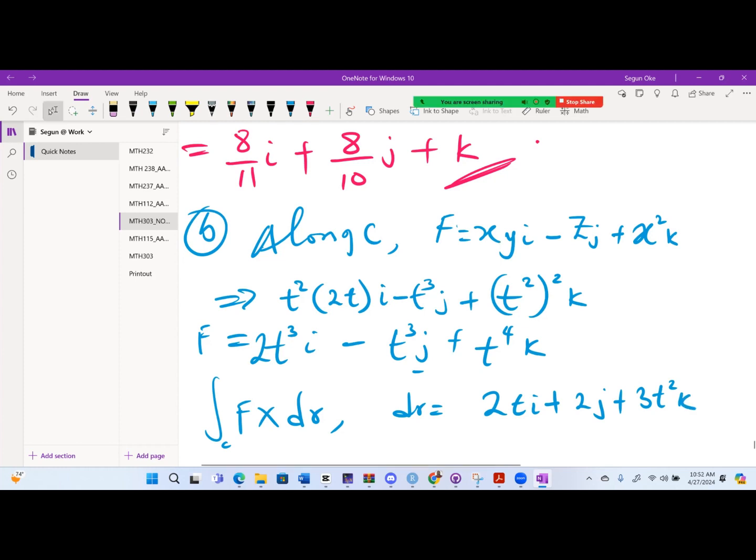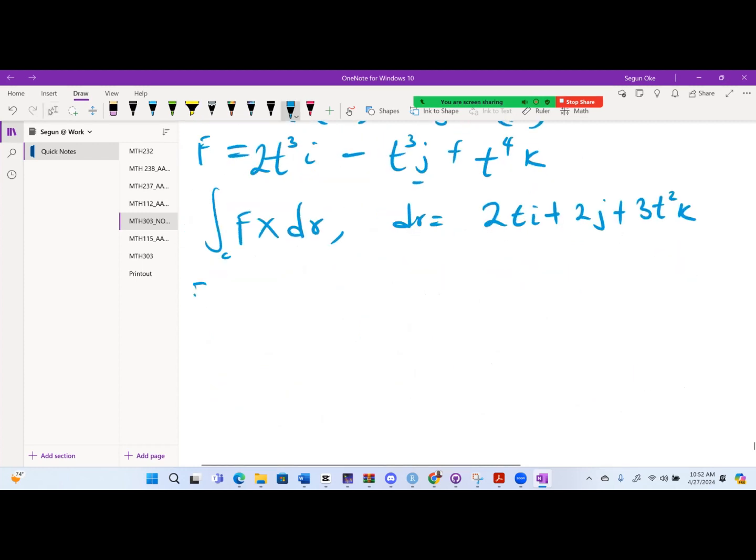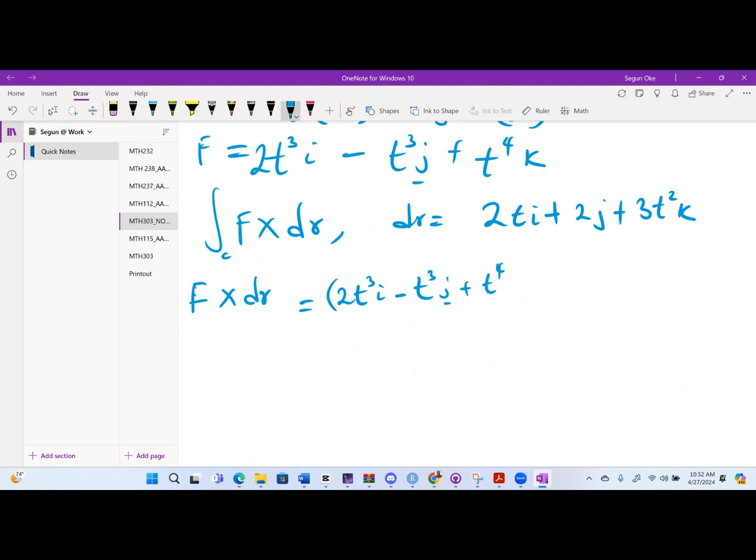When you have a cross, first of all resolve the cross before multiplication, before integral. It will now be 2t cubed i minus t cubed j plus t to the 4 k, cross 2t i plus 2j plus 3t squared k.